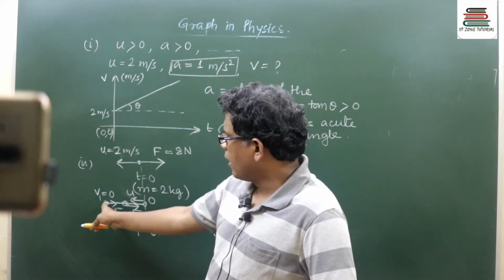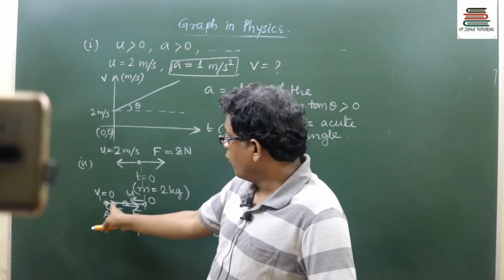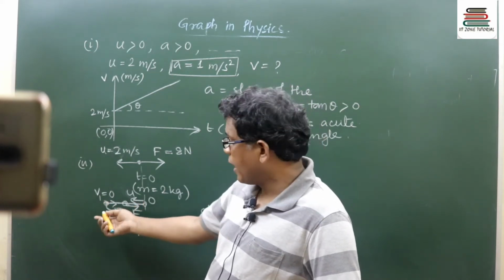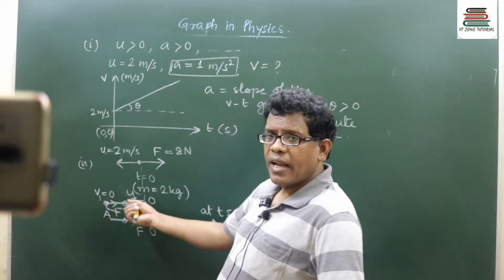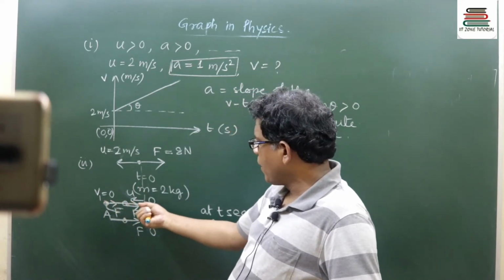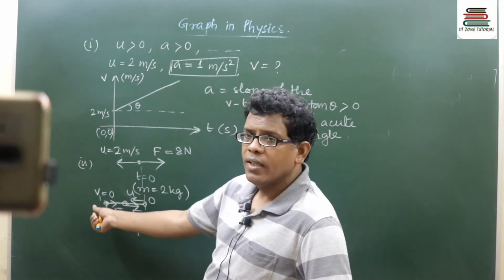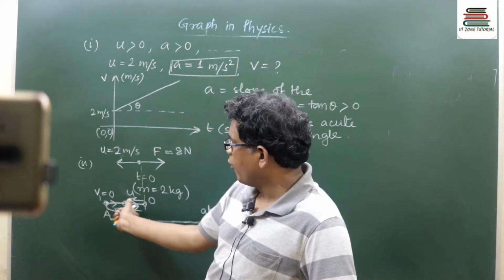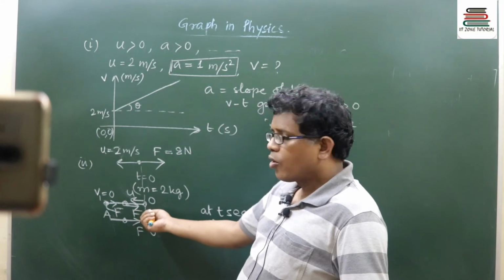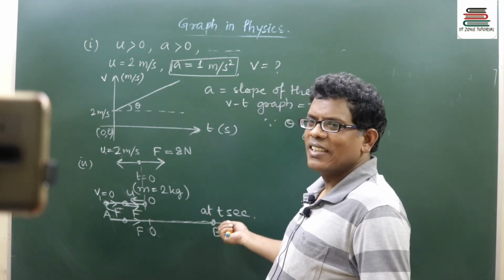A moment will come when the velocity becomes momentarily 0, but the force is still available on the mass, so that time the force will start dragging it rightward. While coming rightward it will retrace the path AO. Initially it went from O to A, decreasing the velocity, going against the force, and then that same force is accelerating it, crossing the starting position and taking it further this way, isn't it?